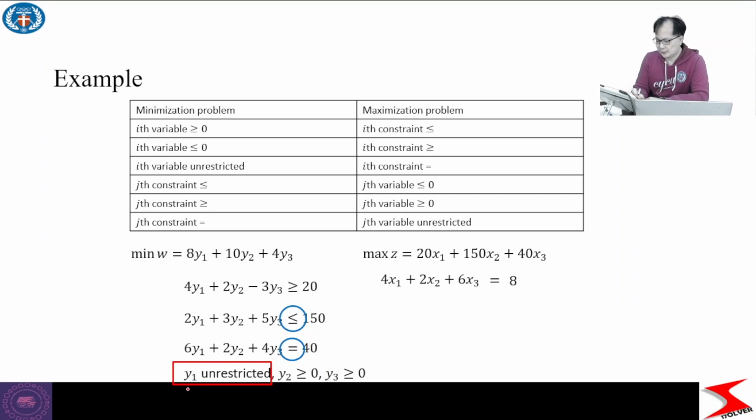Because y1 is unrestricted, the corresponding constraint is an equality. We use this as a principle, so here is an equal sign.